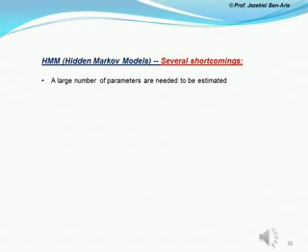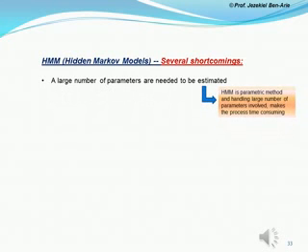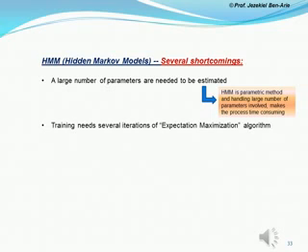Despite being a widely used state-of-the-art speech recognition method, hidden Markov models do have several shortcomings. First, a large number of parameters need to be estimated for each model. This requires a lot of exemplar data and many iterations of the expectation maximization algorithm.